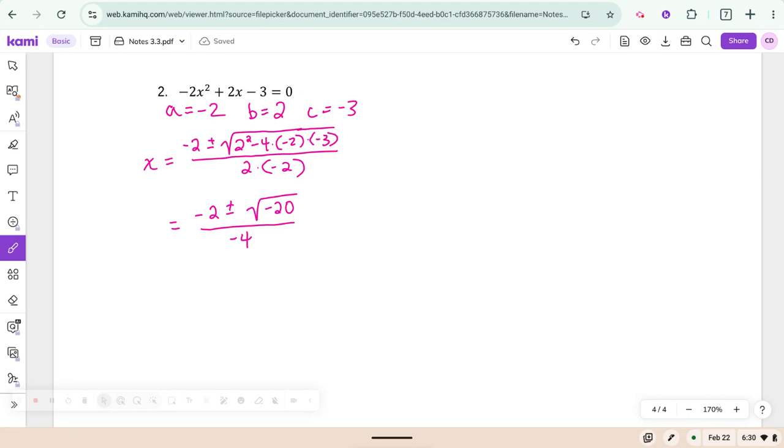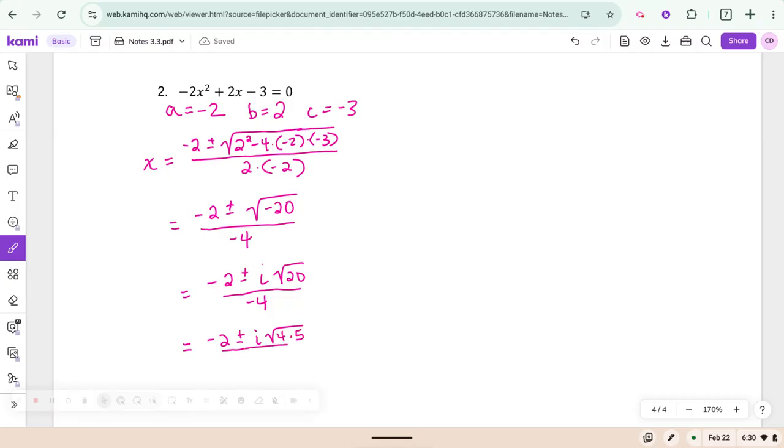But I do want to do some simplifying of this because negative 20 can be simplified. First of all, I can bring out the square root of negative 1 with the i and make it positive 20. I also note that there is a perfect square number that divides into 20, namely 4.